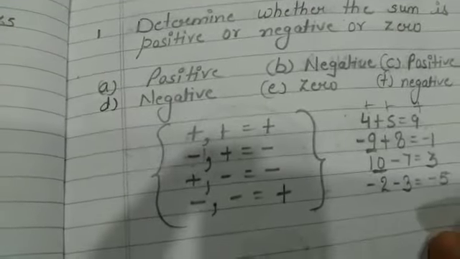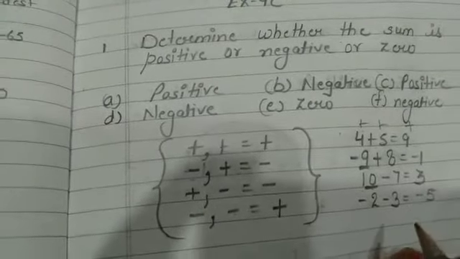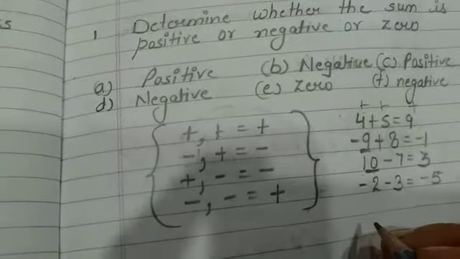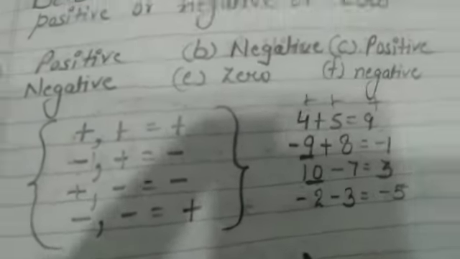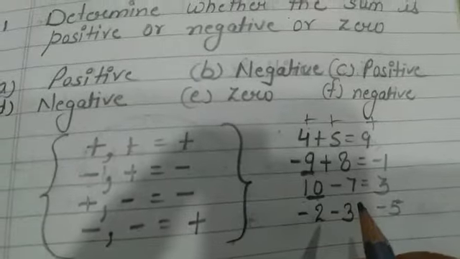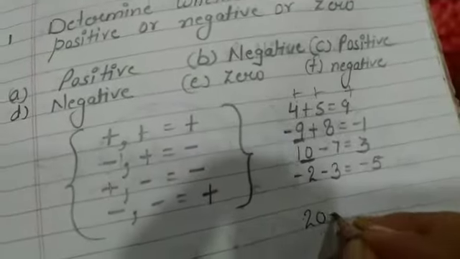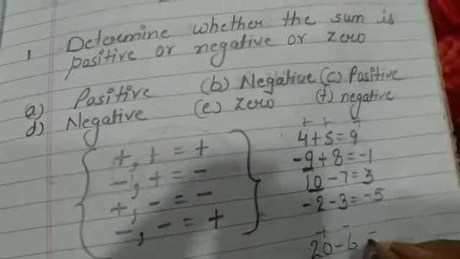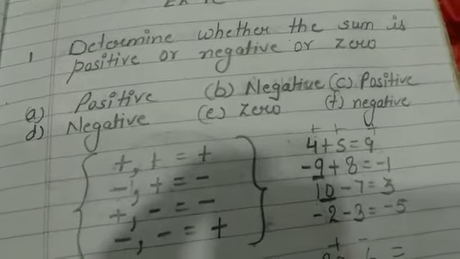Students, sometimes what happens is students get confused regarding minus plus or plus minus. Whenever we have this kind of situation, we do subtraction only, but we take the sign of the number which is bigger. Like 20 minus 6. Now the plus minus situation is here, we will do subtraction, but we will take the sign of the number which is greater.